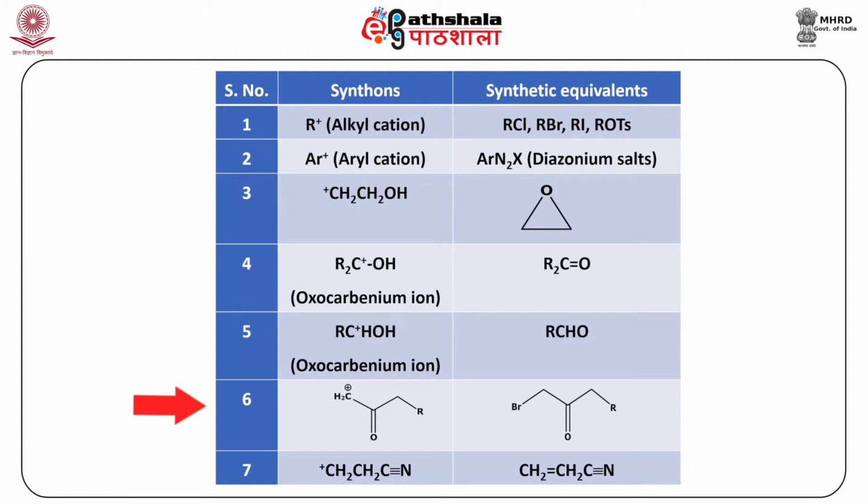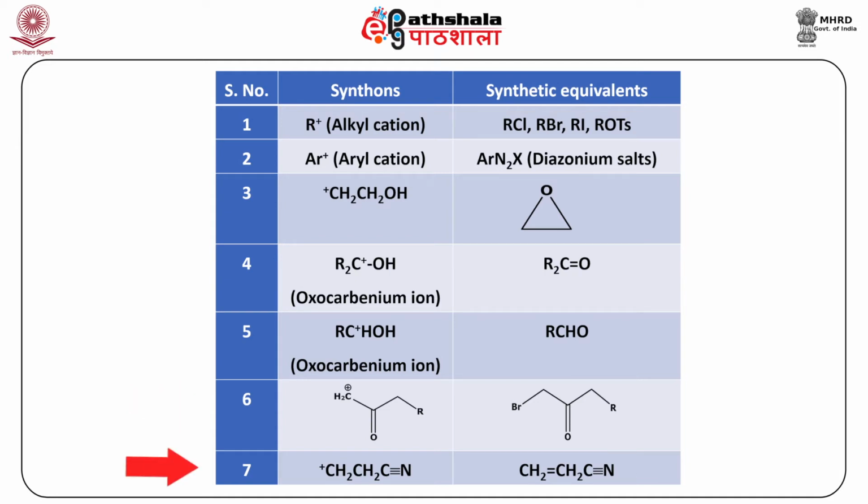Taking another example, if you want to generate this particular synthon, then at this particular position you have a positive charge. So, you can attach a Br here, being at the alpha position, and then this can be taken through this particular transformation.